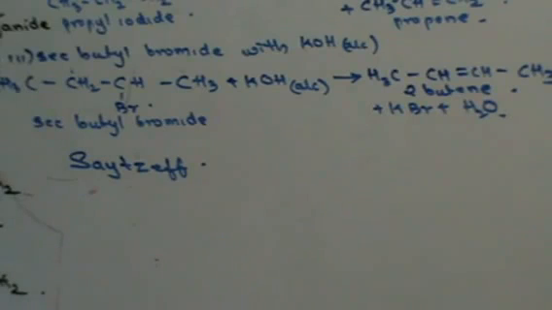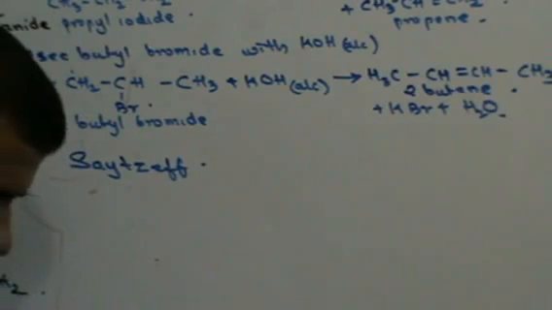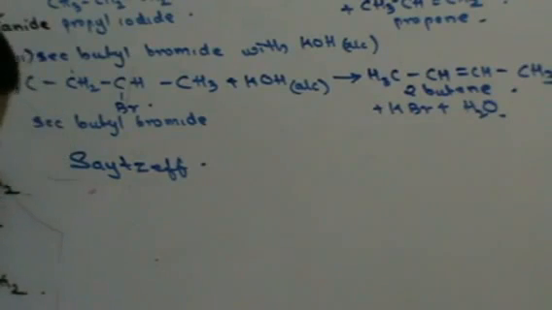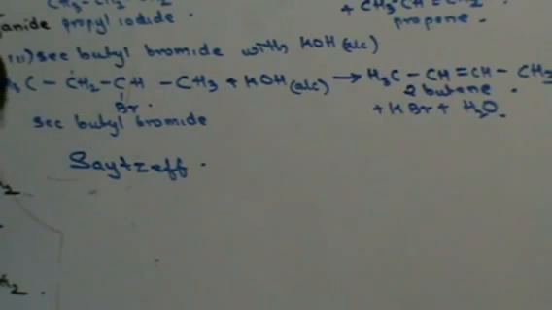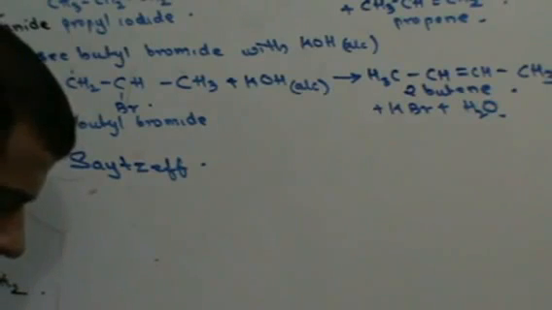In the case of higher alcohols and alkyl halides, hydrogen atom from the adjacent carbon atom carrying less number of hydrogen atoms is preferentially removed to form a highly substituted alkene.